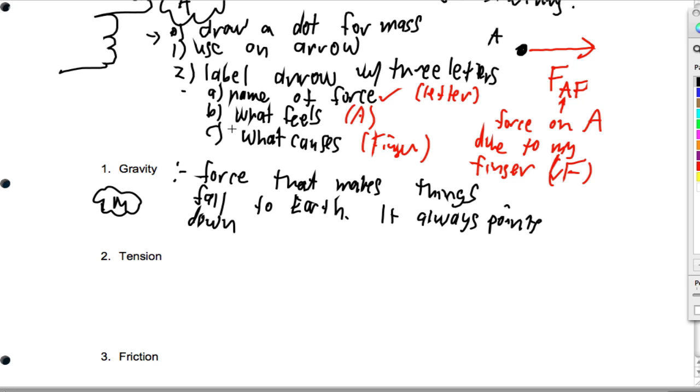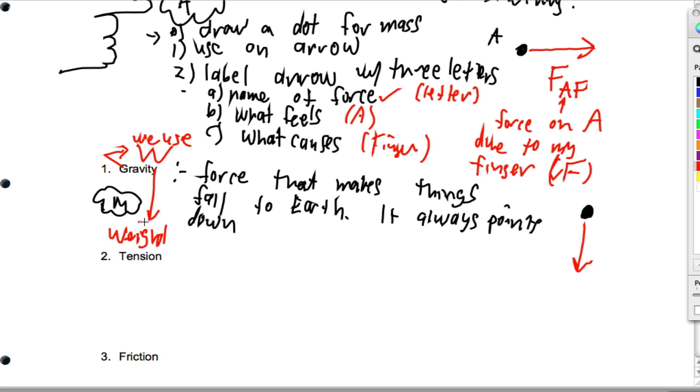I'm going to draw a dot for the mass, so I'll do that right here. And then I will draw an arrow for the force. Now here's the thing. The letter we use for gravity is W. And W stands for the weight.